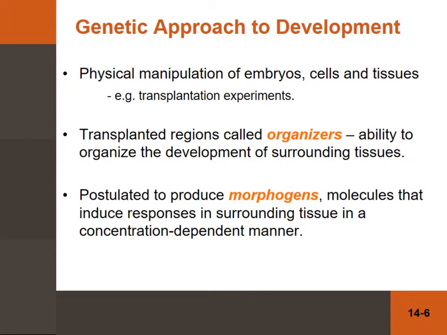So for many decades, the study of embryology and development largely involved the physical manipulation of embryos and cells and tissues, for example, through experiments called transplantation experiments, which we'll look at on the following slide.